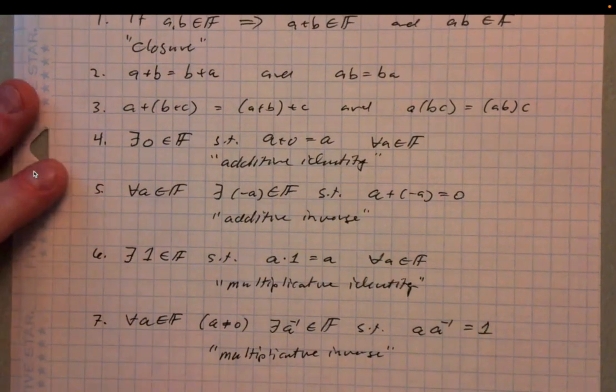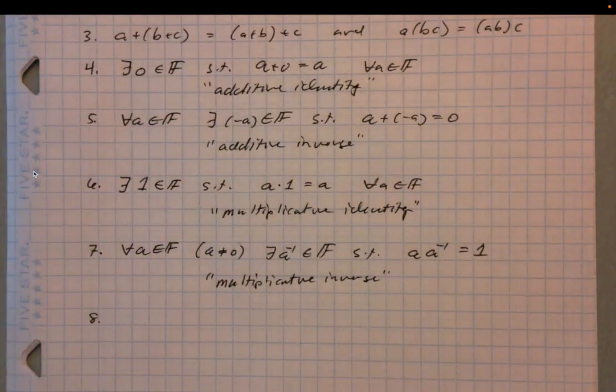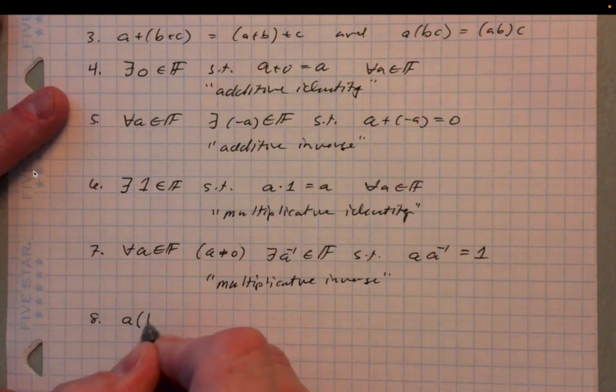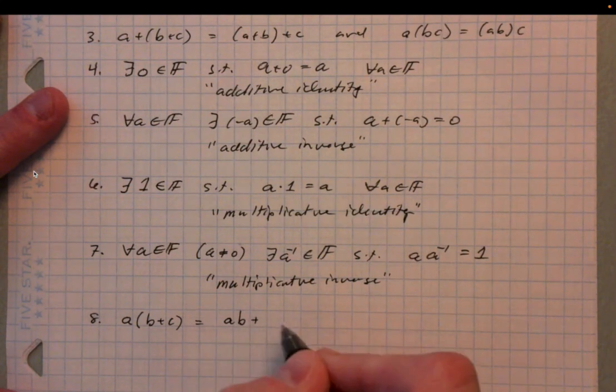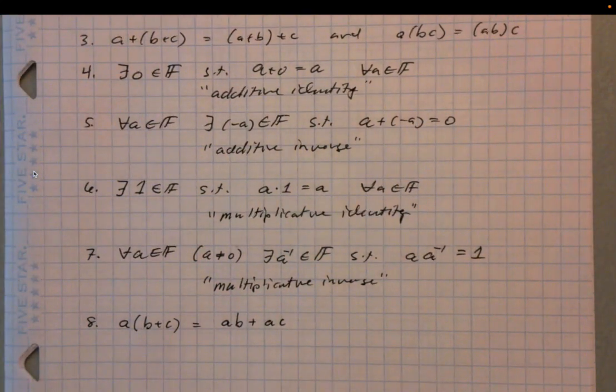Okay, and then finally, the last axiom of fields that we need is this one: a times (b plus c) equals ab plus ac. So this is the distributive property. Multiplication is distributive across the addition.